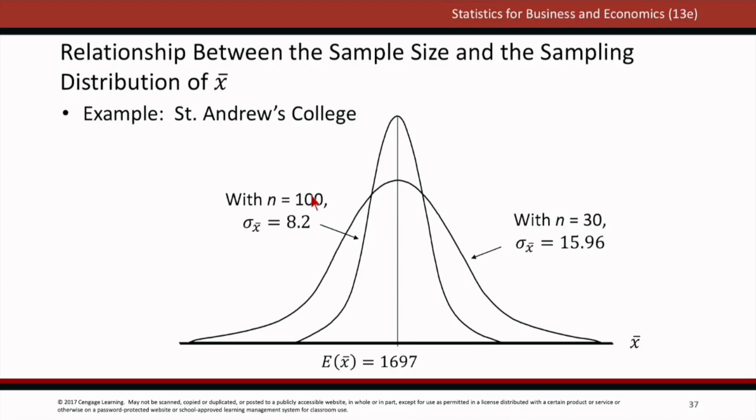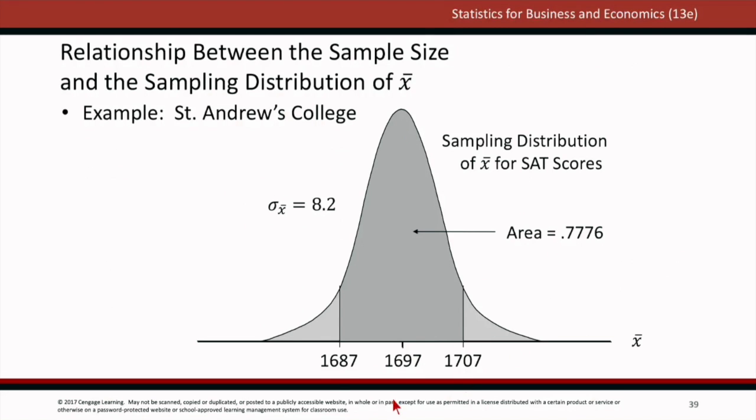When the sample size is larger, there is less variability, and the distribution of sample means tends to be more concentrated around the mean. And this is again graphically the same idea. The probability that we are now plus or minus 10 of the population mean will be 0.7776 for the sample size equal 100.